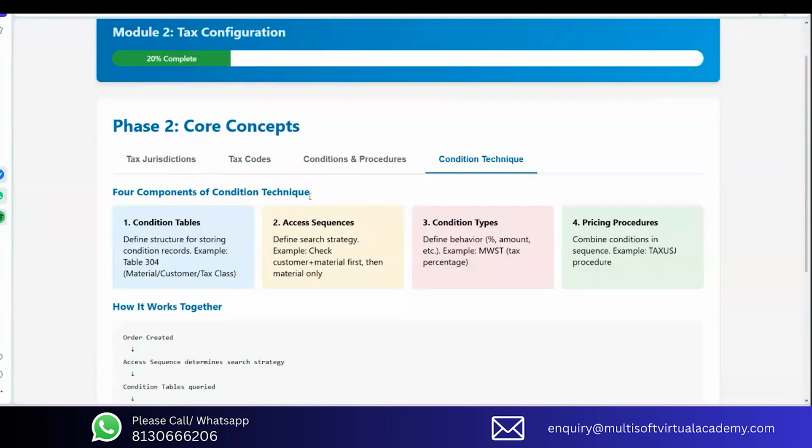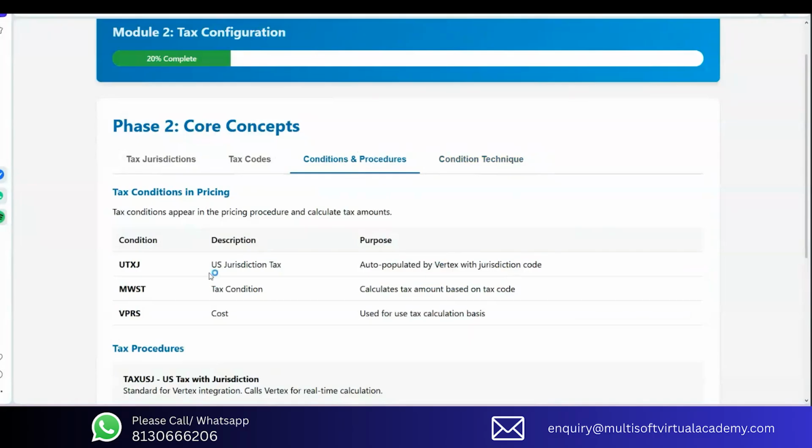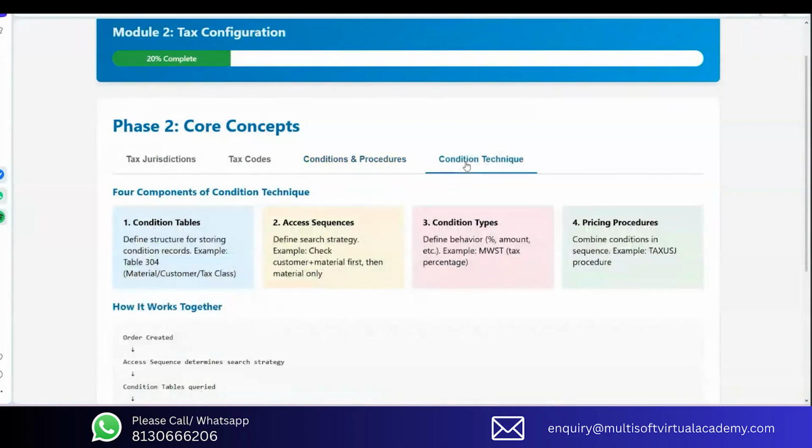So tax jurisdiction is nothing but how we are going to configure tax jurisdiction in SAP. Tax code also. Now you understand jurisdiction, and you understand tax code. Now I explained the condition procedure; I'm giving the example. So for tax condition pricing, whatever conditions are there, we need to go and configure that in SAP too. Then there is a technique called condition technique. First, we need to define the structure.